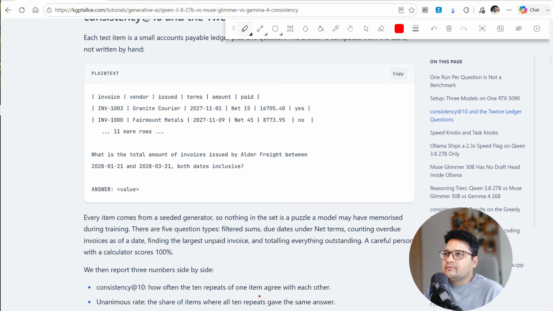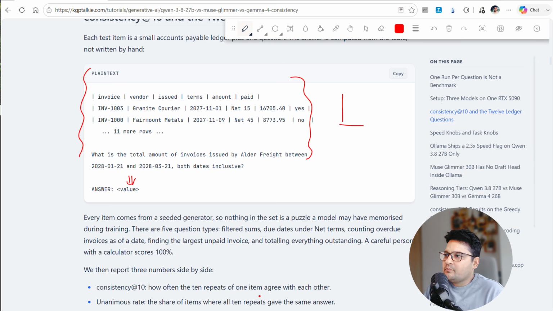We have questions related to accounting, basically accounts payable ledgers. There are 12 questions in total, and all are related to the accounts payable ledger only. These questions got repeated 10 times on a single model, and then each answer is compared with all the previous runs together and we measured the consistency.